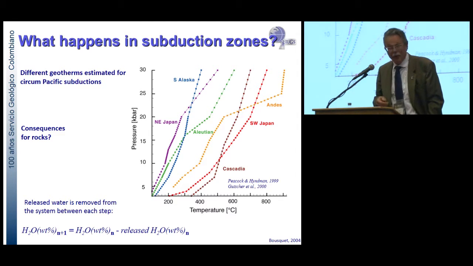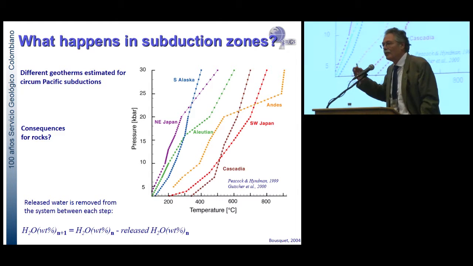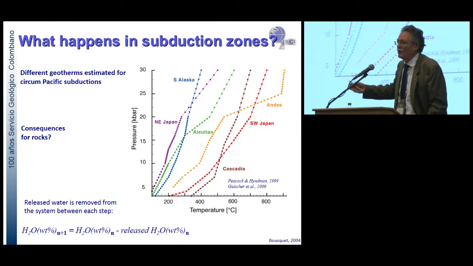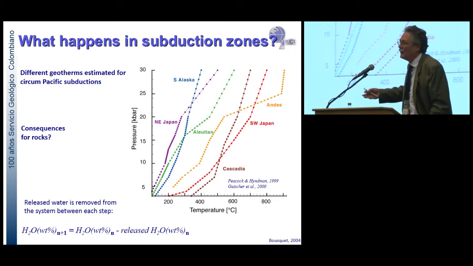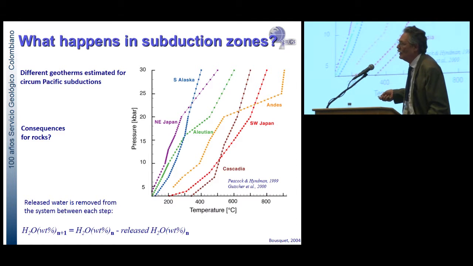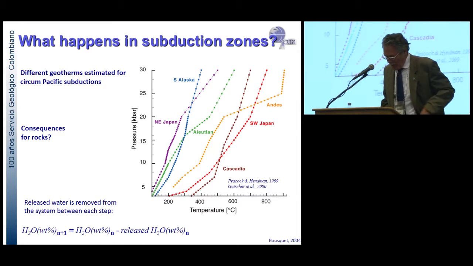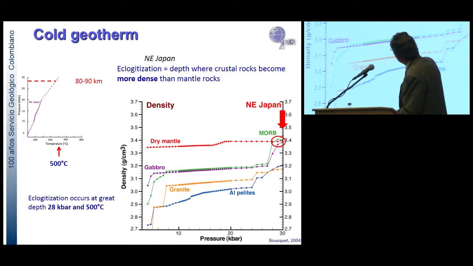As you all know, every volcano steams and the water comes up, and we know if subduction would keep the water down in the mantle, after 60 million years, our oceans would be dry. They're still there. Subduction has been going on for much more than 60 million years. So what I will show you shortly is the influence of different geotherms on what is going on with the rocks. And I'll focus on subduction zones.